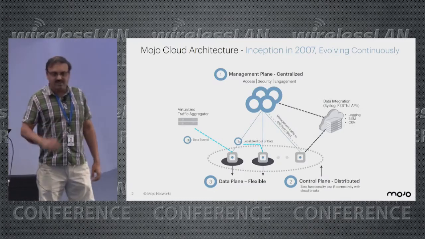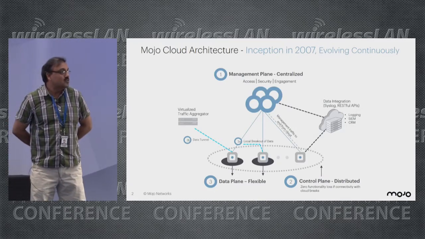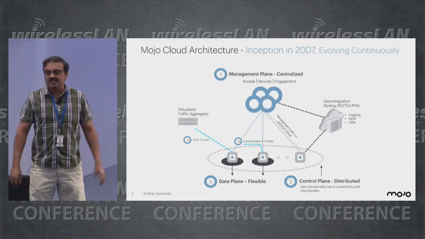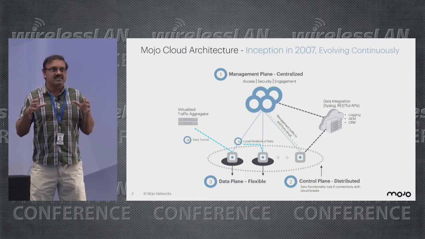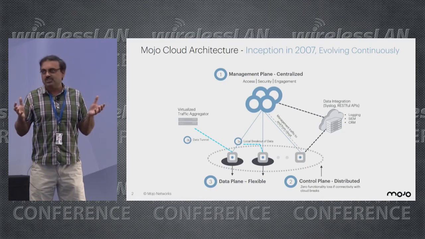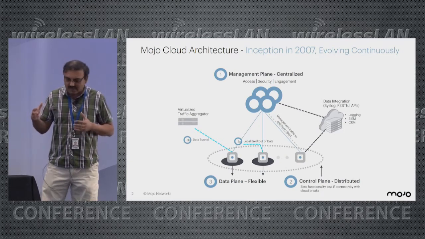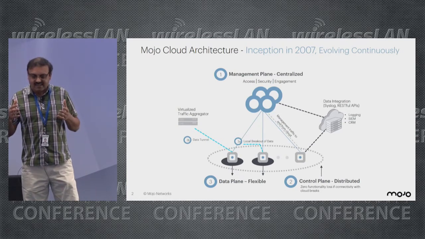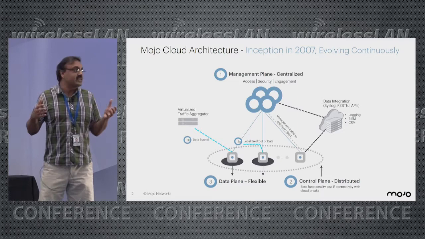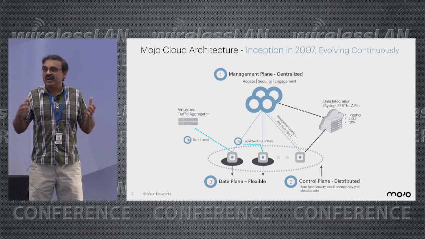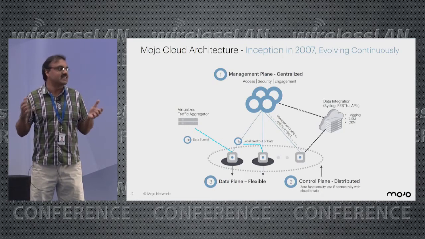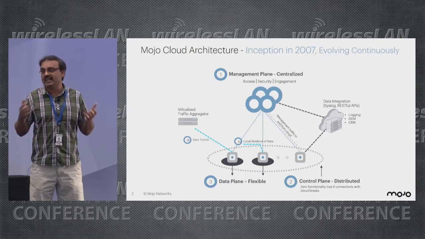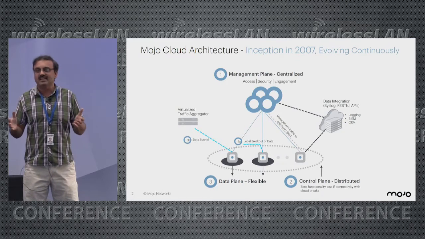The first thing I would like to mention is that at Mojo Networks, we make Wi-Fi access points, and we have a slightly different architecture. It's a cloud-based architecture. Just because of the cloud architecture, we have been able to mine so much data and do things like cross-customer data mining and analysis and get some insights about how real-life Wi-Fi deployments look today.